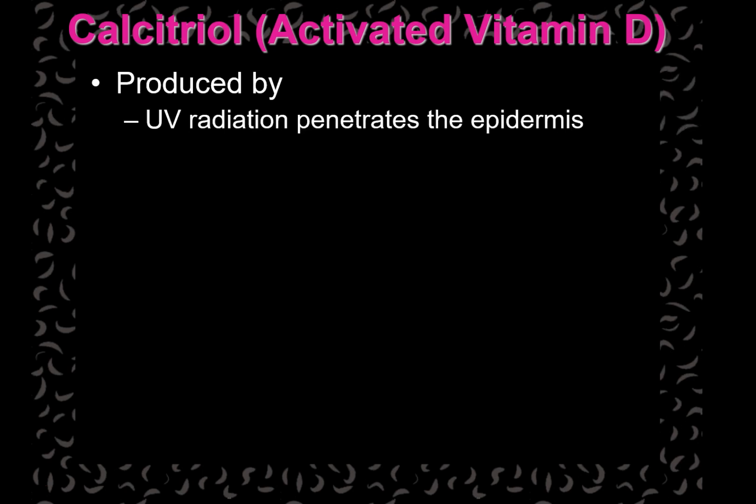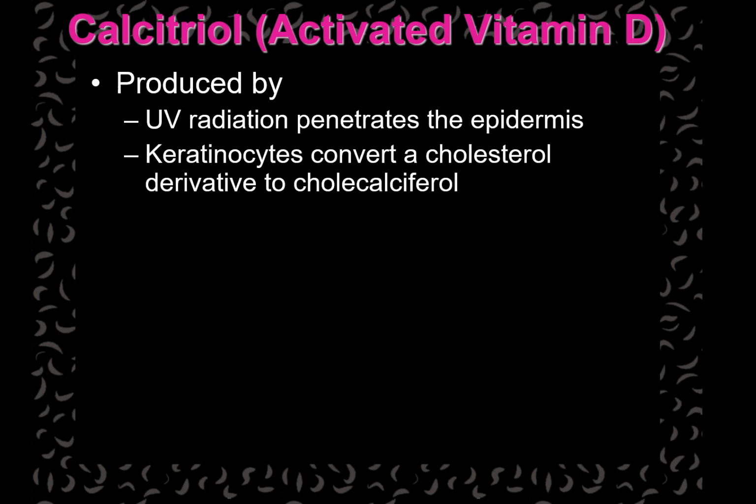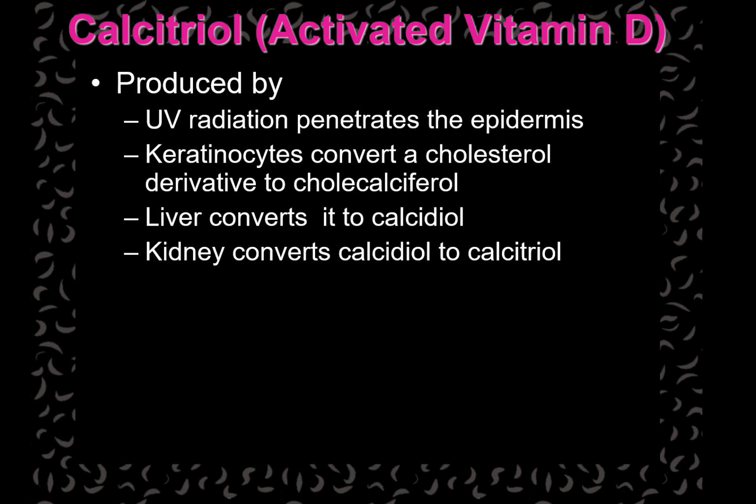So this starts in the epidermis, keratinocytes, UV light. Keratinocytes convert cholesterol into cholecalciferol. Cholecalciferol gets in the blood, blood takes it to the liver, which turns it into calcidiol. Calcidiol then continues in the bloodstream, goes to the kidneys, which will turn it into calcitriol.